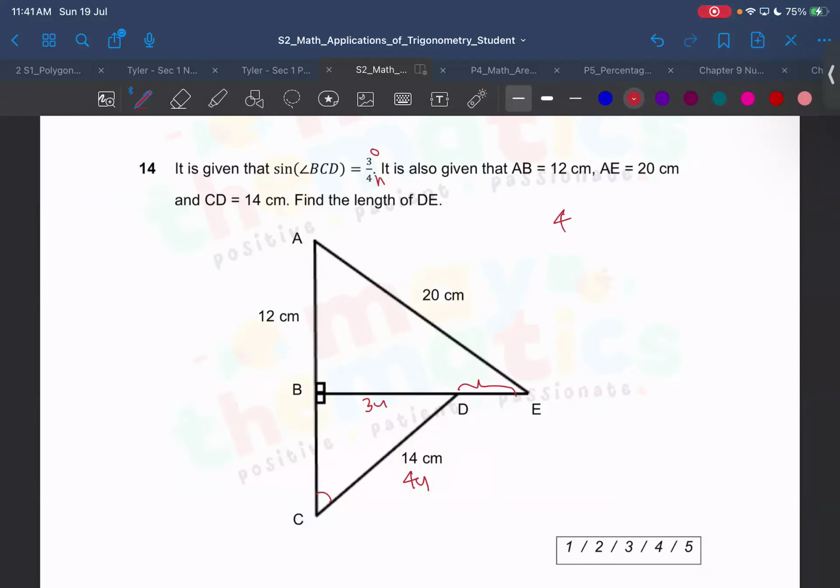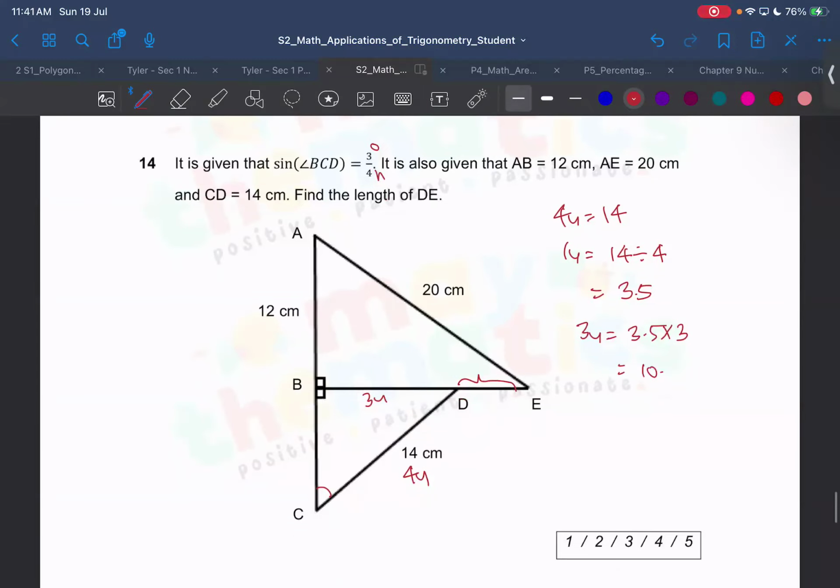Okay, so 4 unit equals to 14. You will get 3.5. Okay, so 3 unit will be 3.5 times 3, 10.5. Okay, so this is 10.5.